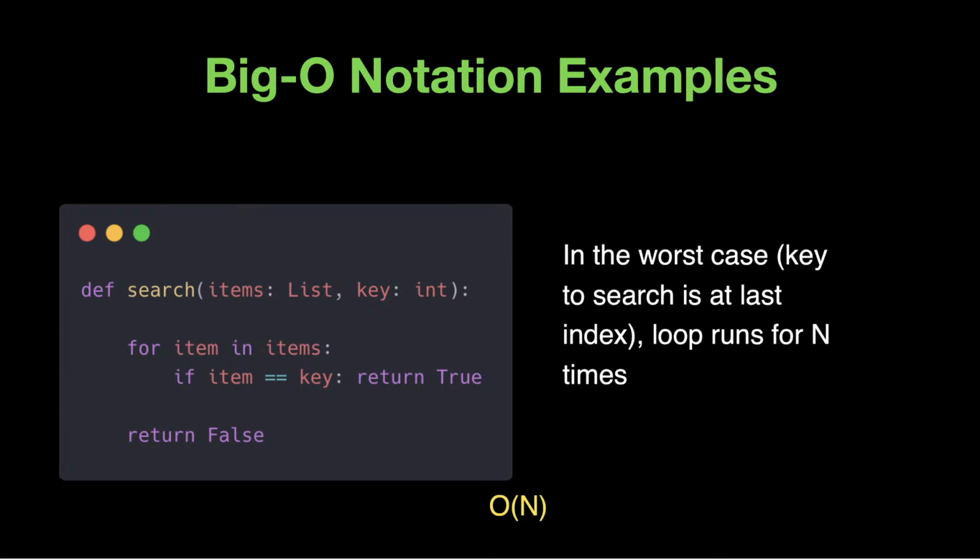But in the worst case, we will assume that the item lies at the very end of the list. In that case, we have to traverse each and every item of the list, so our loop runs for n times. So our BIGO notation of this algorithm will be O of n.